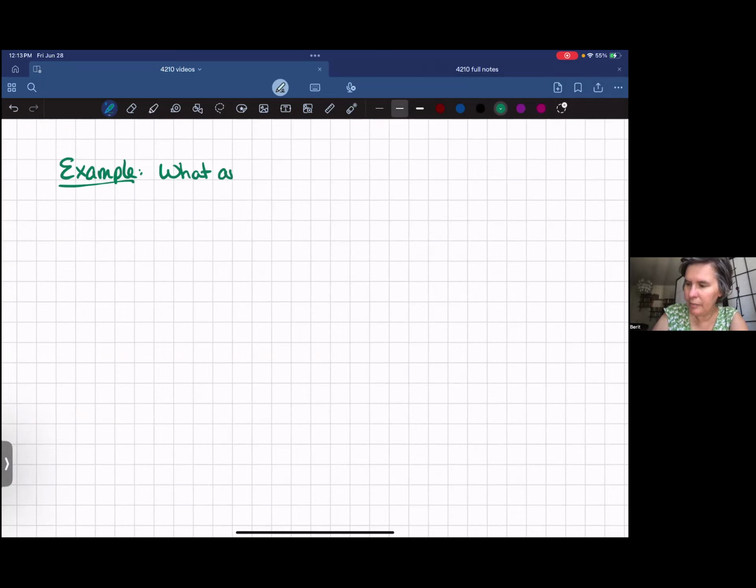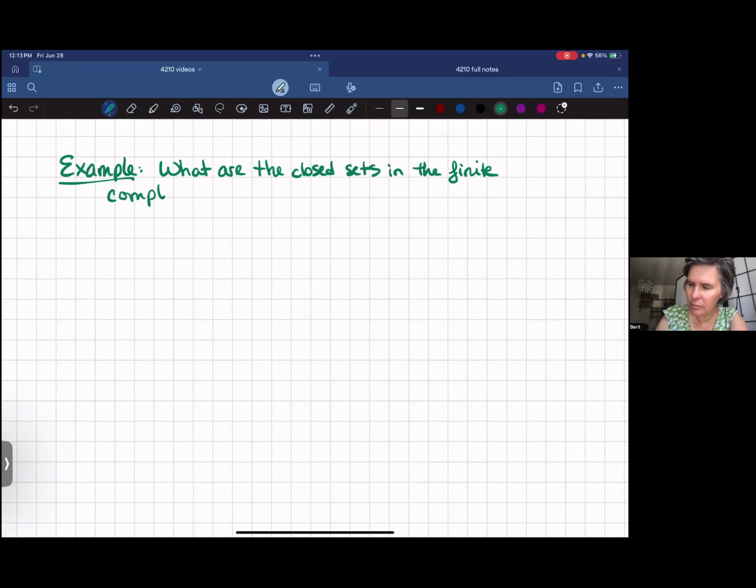What are the closed sets in the finite complement topology, on any set X?